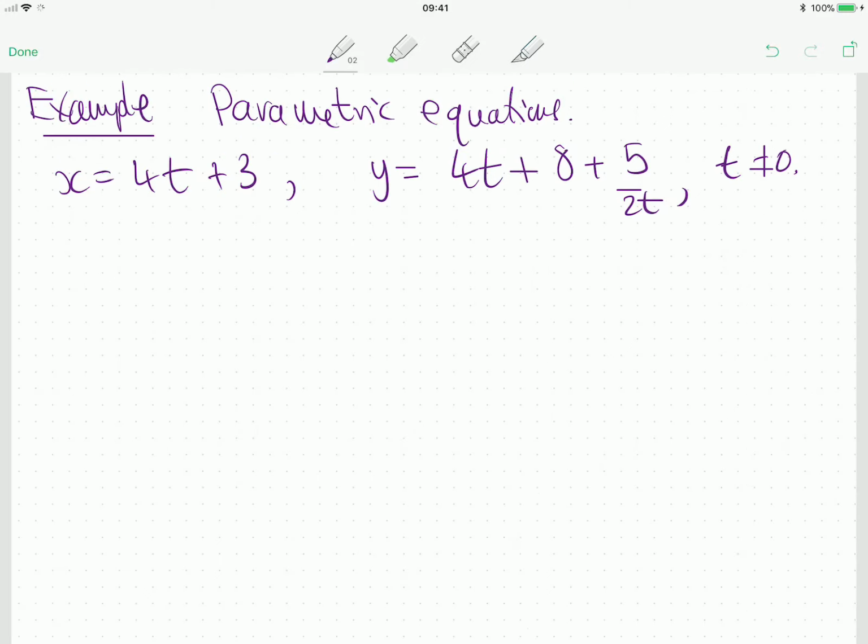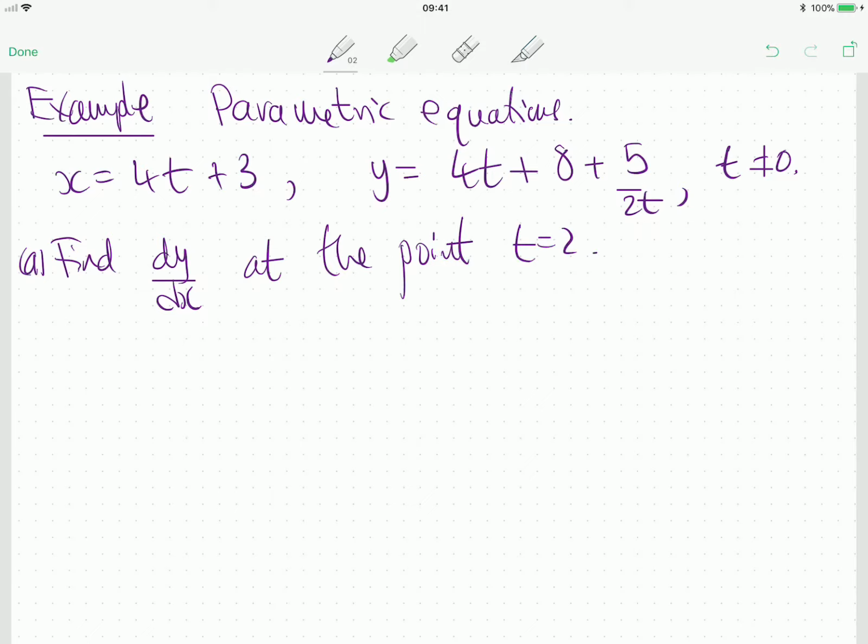Our job is to find dy/dx at a point. Just pick some point, let's say t equals 2, and for part b, find the explicit form, so find y in terms of x.